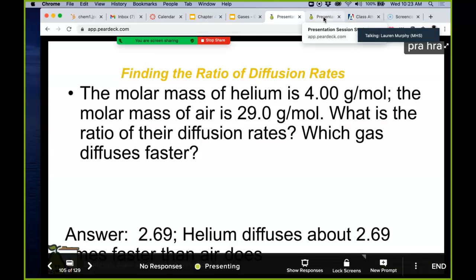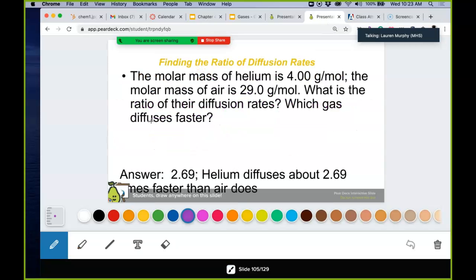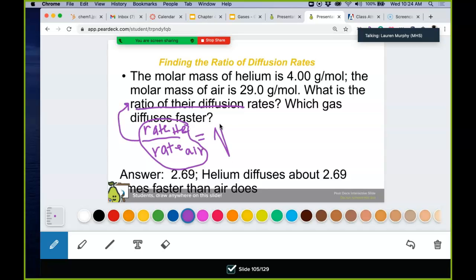Well, this is Graham's law. So the rate or speed of helium, that's He, relative to the rate of air. So this is a ratio of their rates. This whole thing equals the square root of air on top, helium on the bottom.